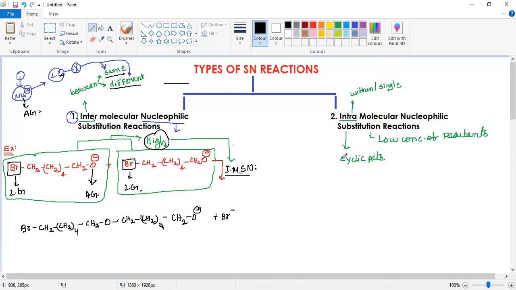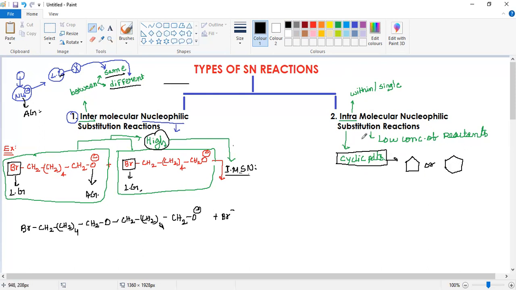Cyclic products with a 5 membered ring look like this, or a 6 membered ring, like this.